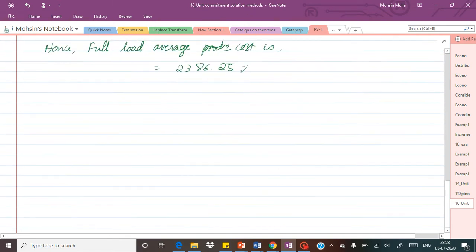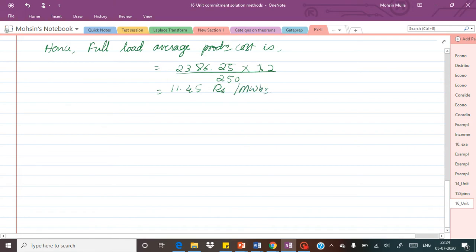This is multiplied by the cost for the third unit, 1.2 per MBTU, then divided by the overall generated megawatts, 250 megawatts. Therefore here what we are going to get as the production cost is 11.45 rupees per megawatt hour.